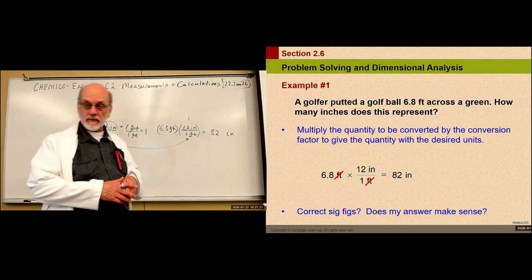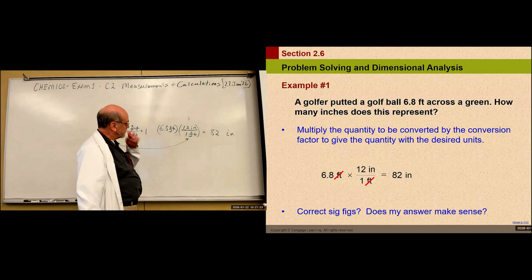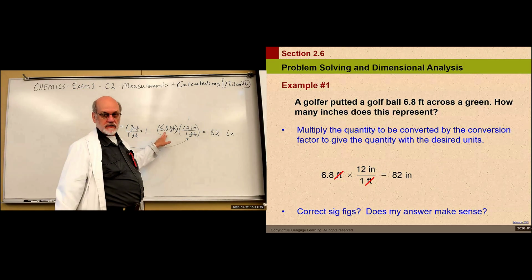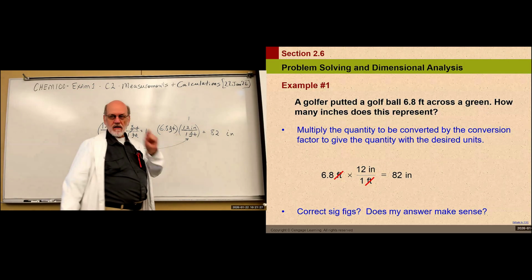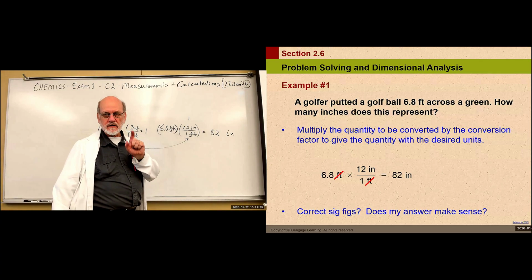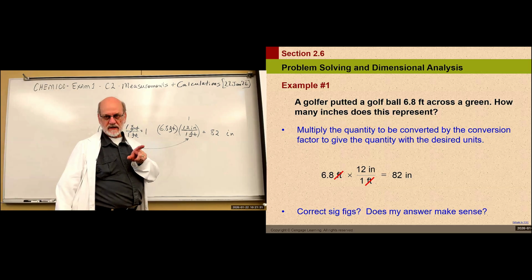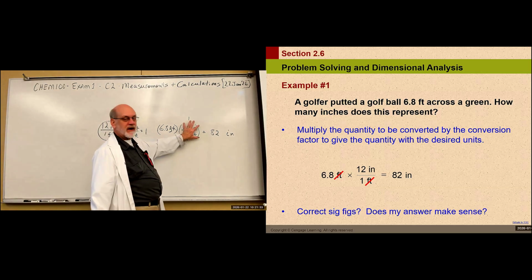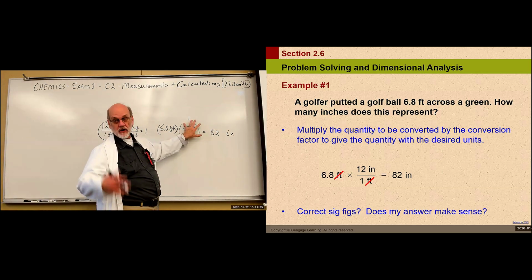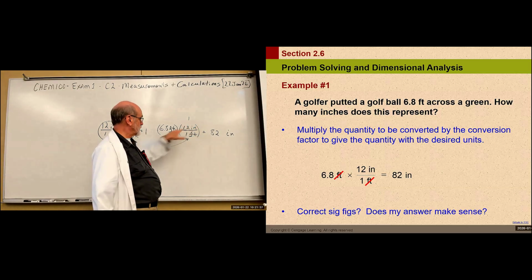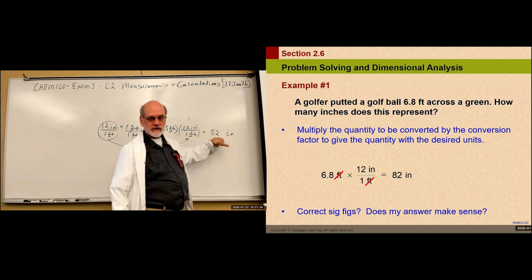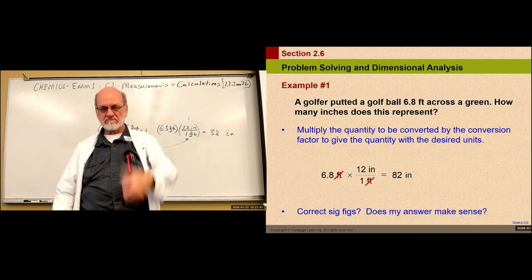And do we have the correct number of significant figures? Well, this has 2 significant figures, and all conversion factors are exact numbers. This has no bearing on the outcome in terms of significant figures. So 2 significant figures here, 2 significant figures there, we're good.